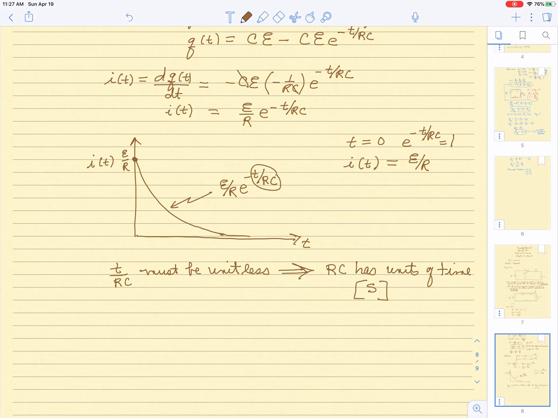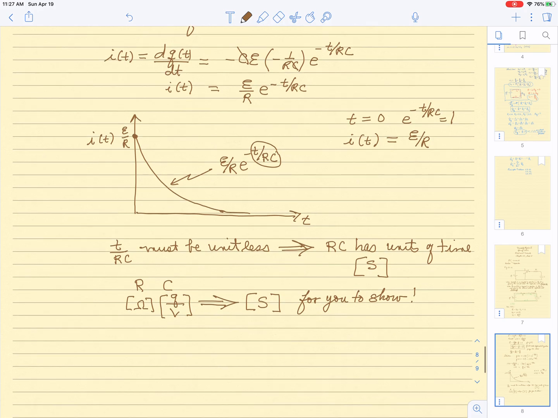Which is kind of interesting because we know that resistance has units of ohms, and capacitance has units of charge per unit voltage. I'm going to leave that up to you to prove that that product actually results in units of seconds. This is for you to show. Beautiful.